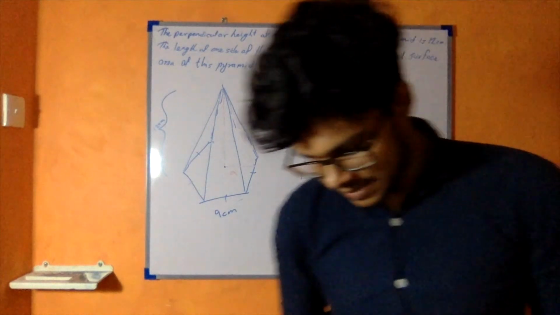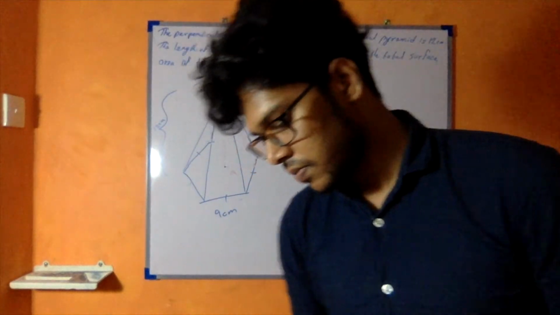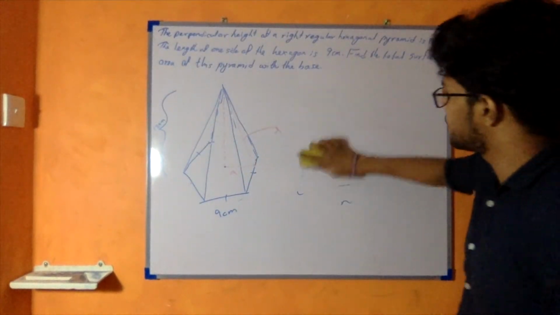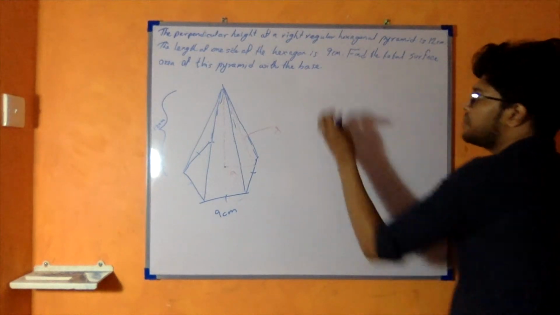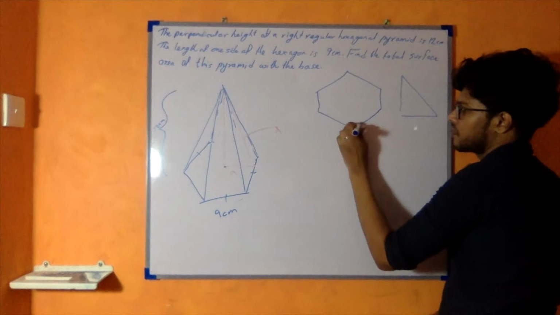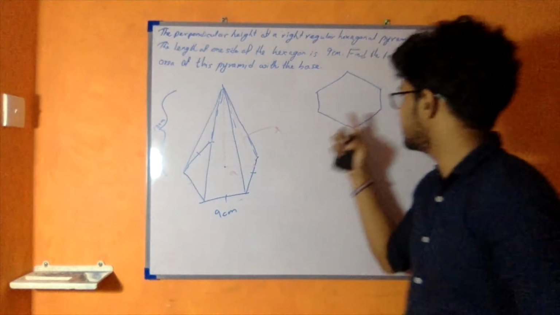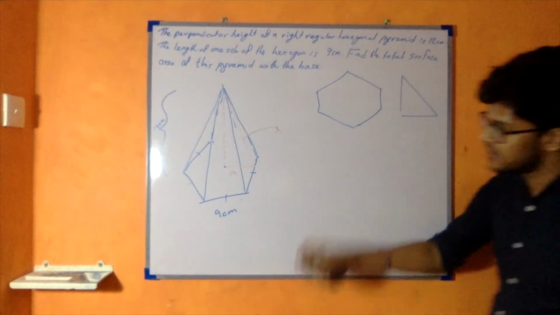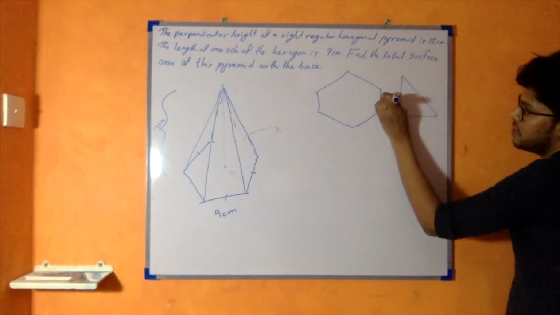Now let us reduce this 3D figure to a 2D figure. Let me erase this one. I will have two figures for that. One is the base. Here we have the hexagonal base, and this triangle which represents the perpendicular height of the pyramid, which is 12.